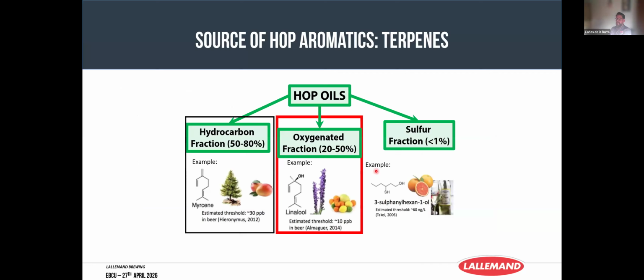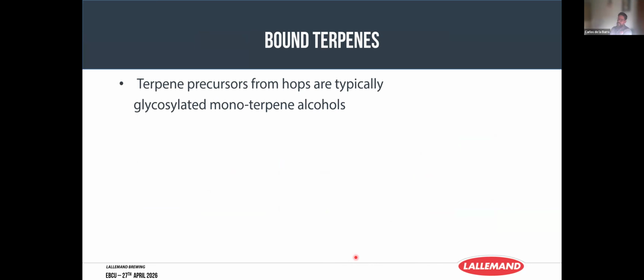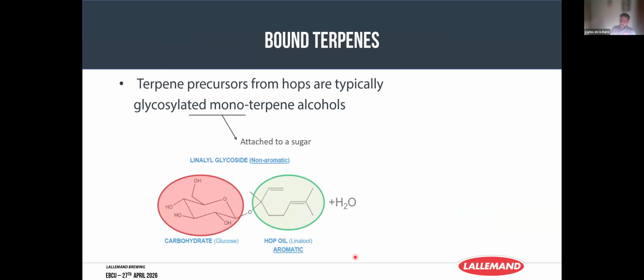We'll be talking specifically about the oxygenated fraction of these compounds. These can be in free and bound form. And why is this interesting? I think this is one of the first really important concepts here. We'll be talking a whole lot about precursors, because these are usually bound to a sugar molecule, and the yeast wants that sugar molecule.